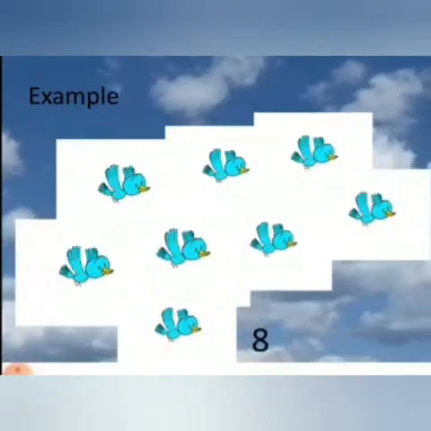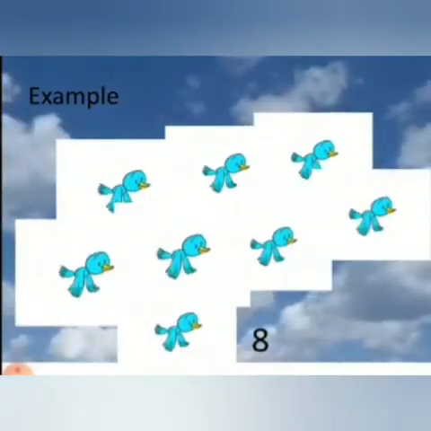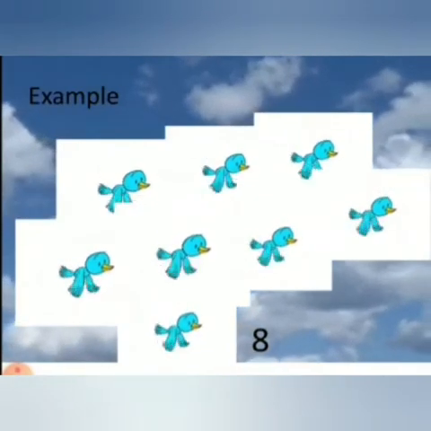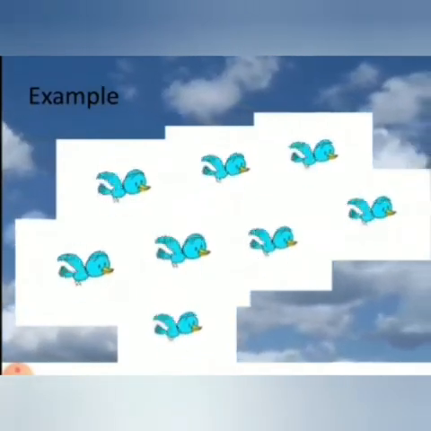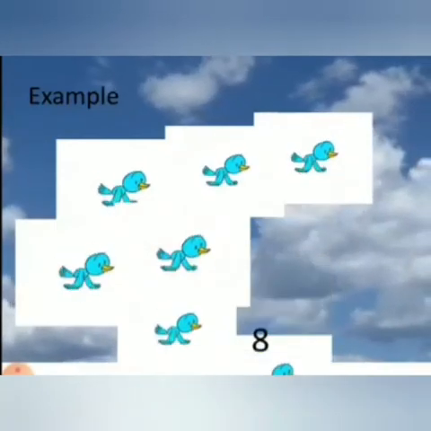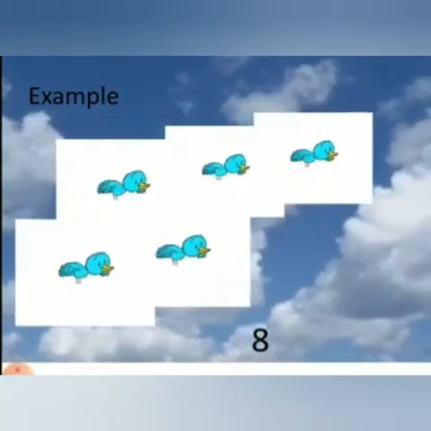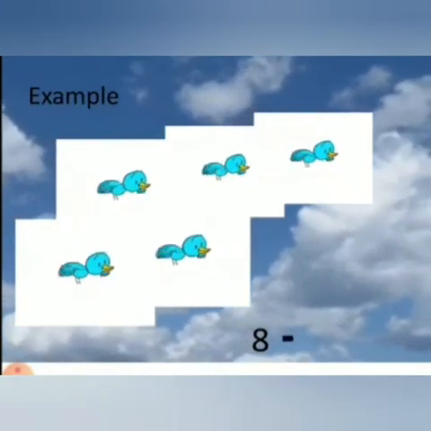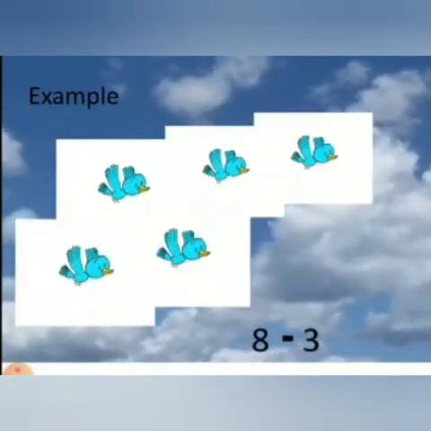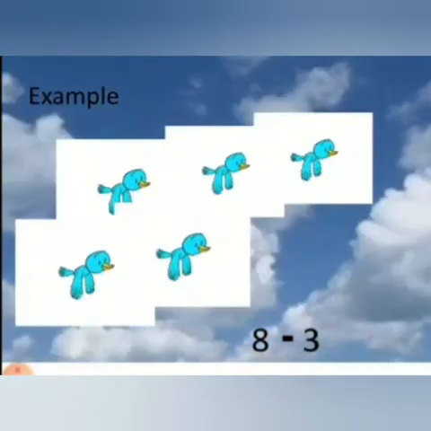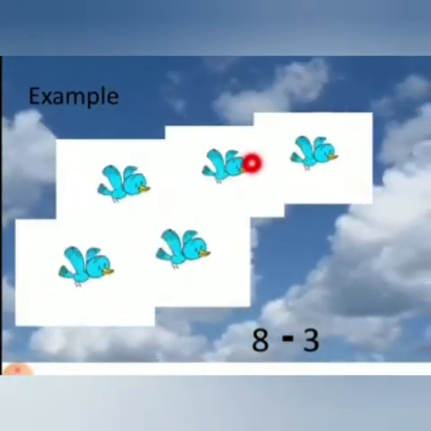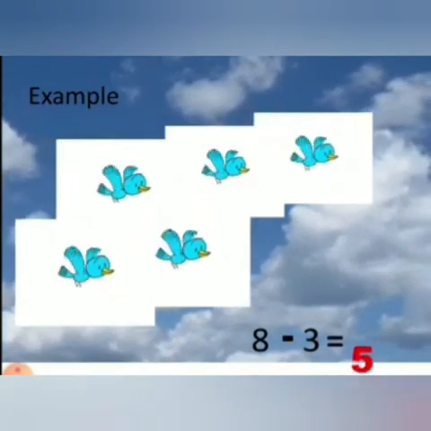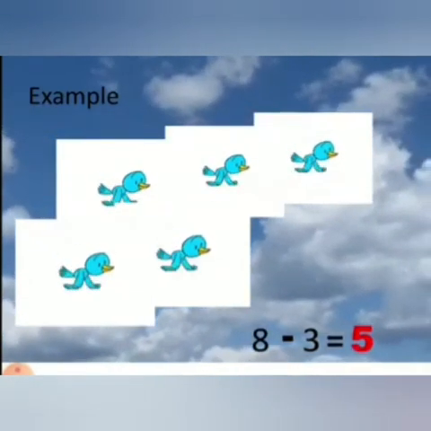Now we are going to take away 3 birds from here. So 1, 2, 3. So how many birds we have taken out from here? 3. So 8 minus 3. Now how many birds are left? 1, 2, 3, 4, 5. Yes, that's the correct answer.